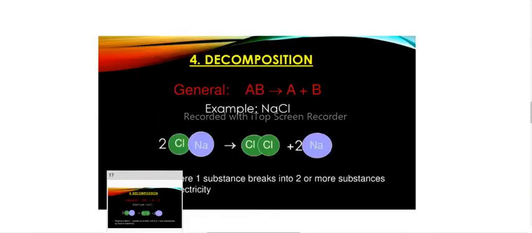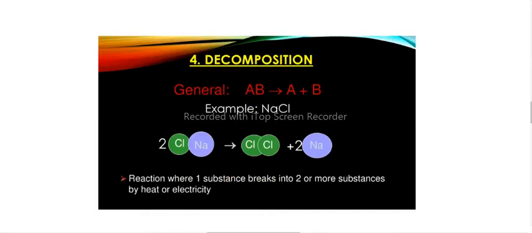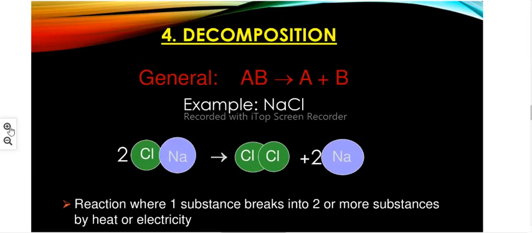Continuing with the fourth type, which is the decomposition reaction. For the decomposition reaction, it is exactly the opposite compared to the synthesis. So if you look at the general formula, you're going to find that you have a compound and it will split into two different elements or into the constituent elements from which the compound is made up.